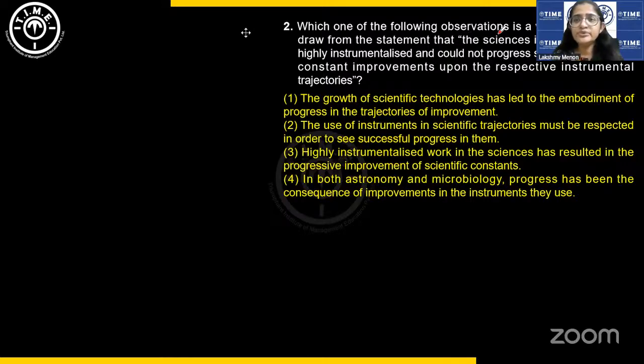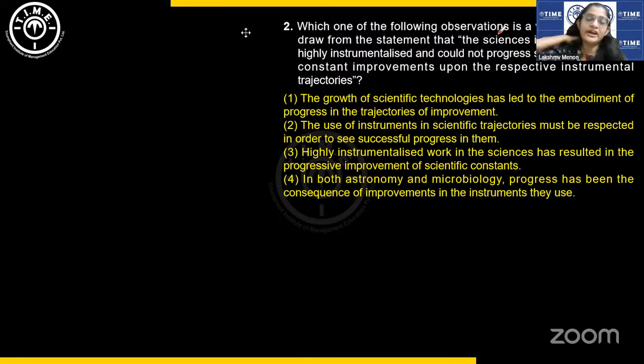If you look at the question, you might get a little scared because the question stem looks big. But the charm of this question is that you can answer the question based on the question itself. You just need to interpret the sentence that is given in the question.